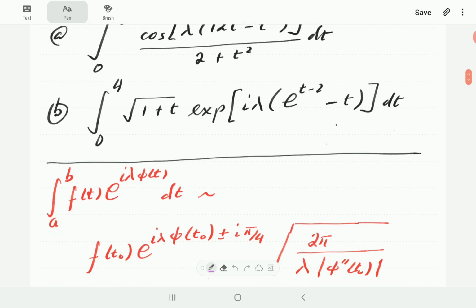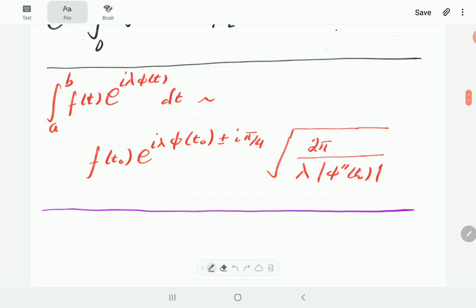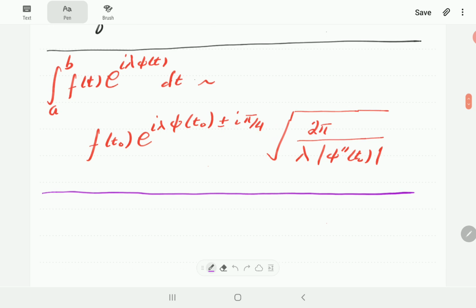So first I'm just going to rewrite the formula that we derived for the asymptotic approximation of integrals of this form. So let's go on with A.